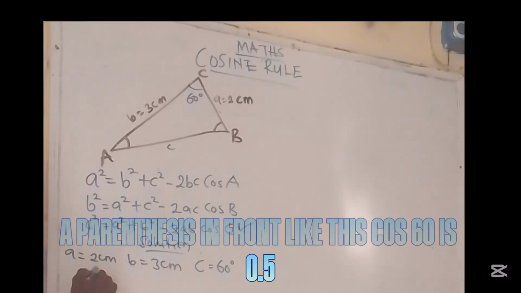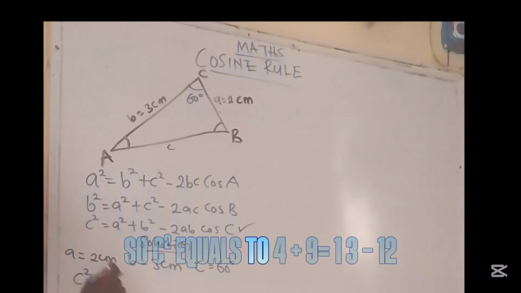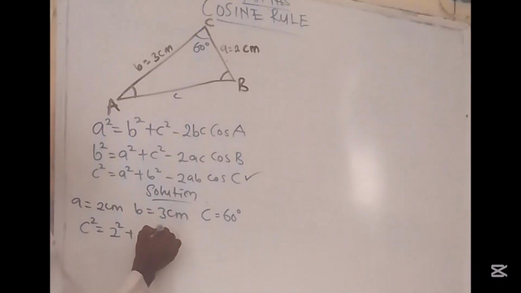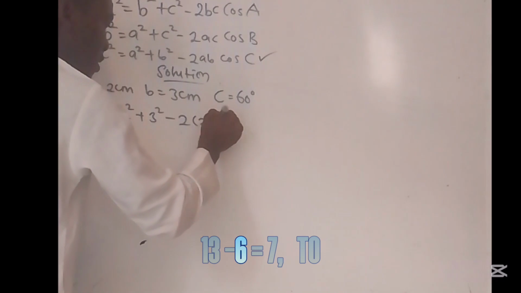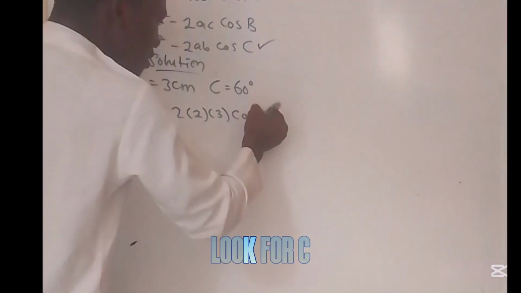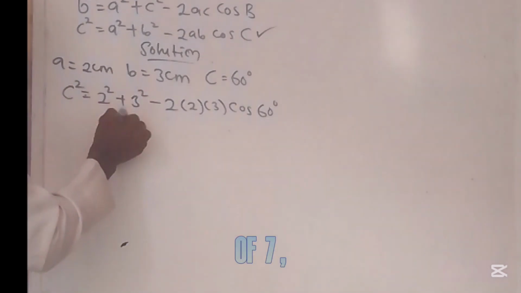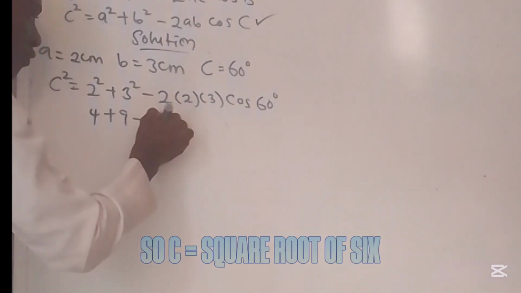So c square equals a square, what's my a? That I already know, it's 2 square plus 3 square minus 2 times 2 times 3, then cos C, which is cos 60 degrees. 2 square is 4, 3 square is 9, minus 2 times 2 is 4, 4 times 3 is 12.